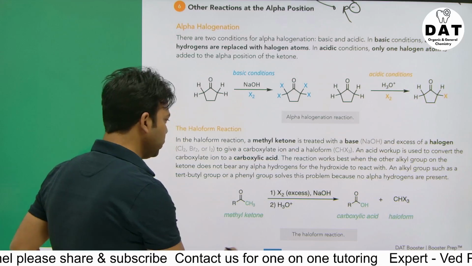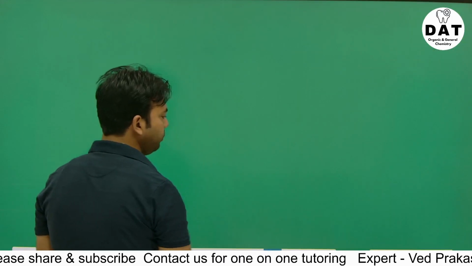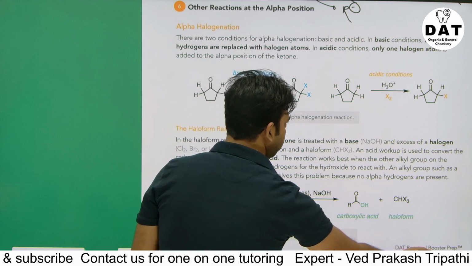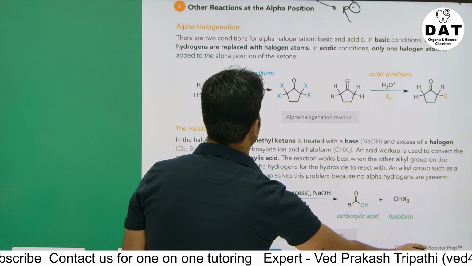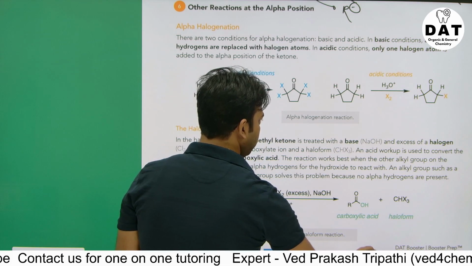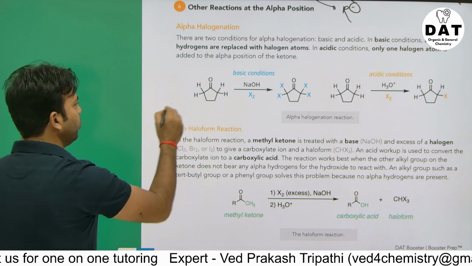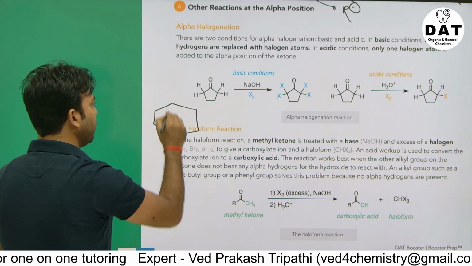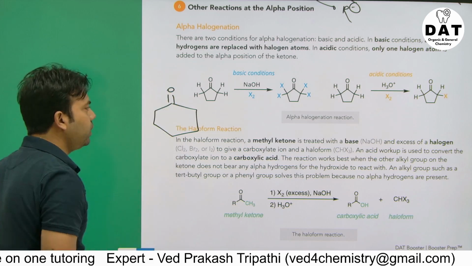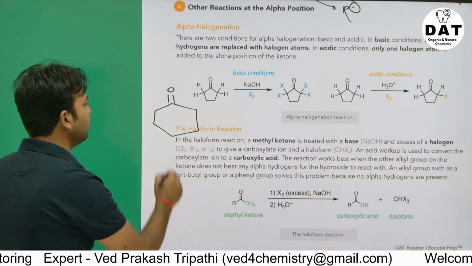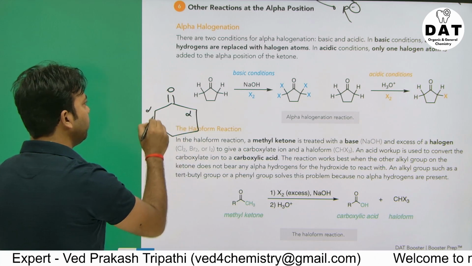Like this, look at this one. Suppose this is a carbonyl. So what is the alpha position? Alpha is the neighboring position to the carbonyl group. So this is alpha, this is alpha.